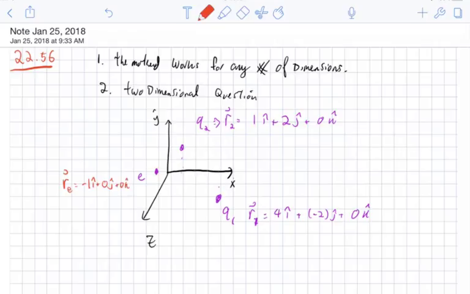So the question asks us to draw a diagram showing the vectors you need in order to determine the direction of the separate electric forces. So the vectors we need are the vectors from Q2 to E, and this vector here from Q1 to E. So we'll call this r2E and this r1E. And these are the vectors I need to determine.